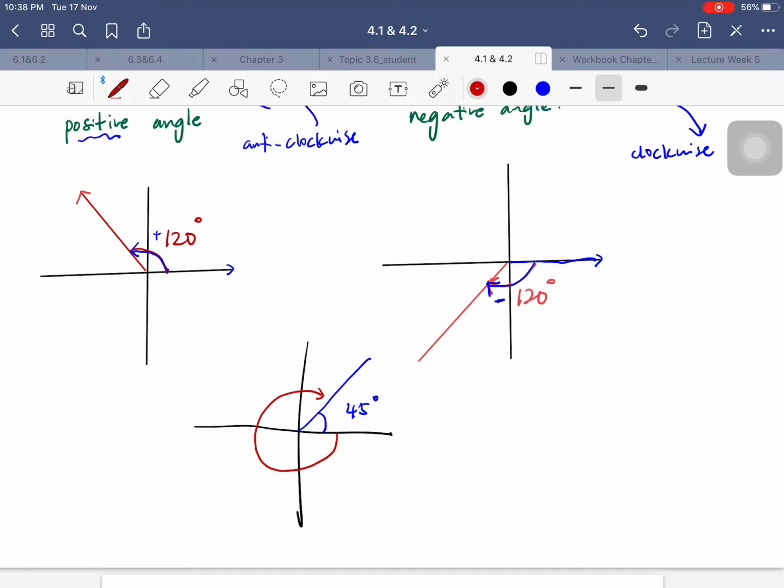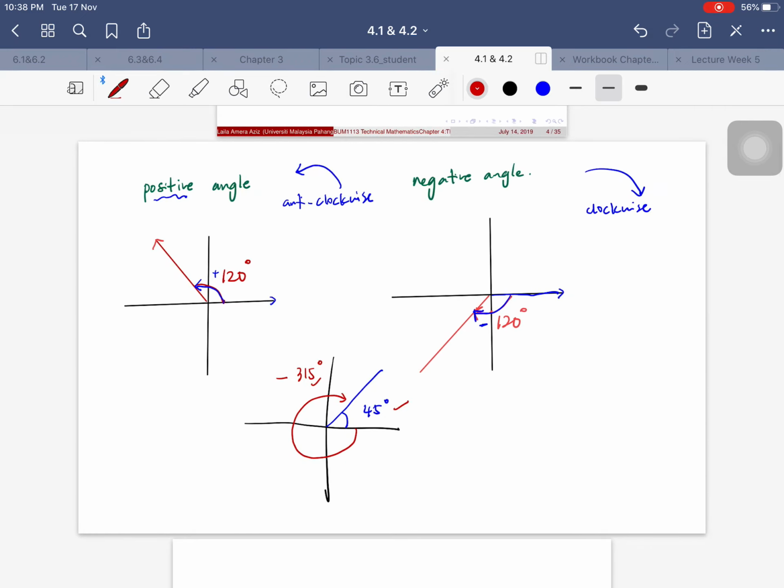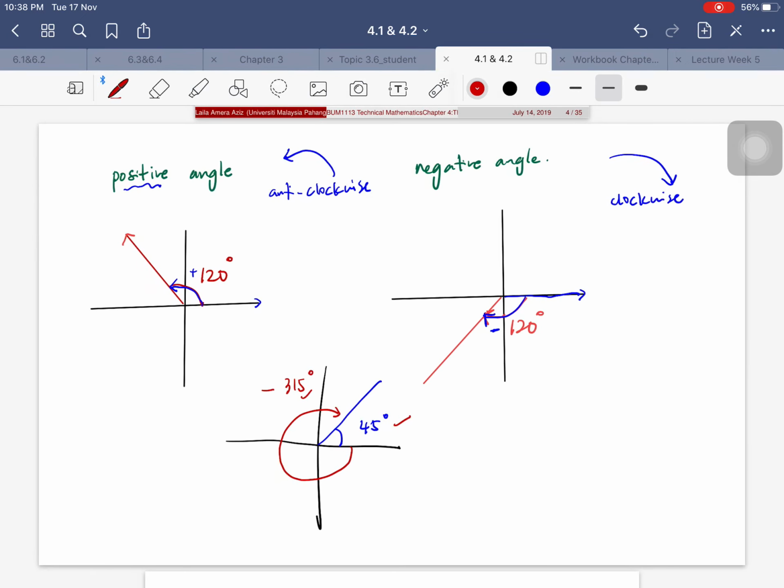So this is actually an angle of negative 315 degrees. If you use your calculator, the value for negative 315 degrees is exactly the same as the value for 45 degrees. They are equivalent. So that is the case of positive and negative angles.